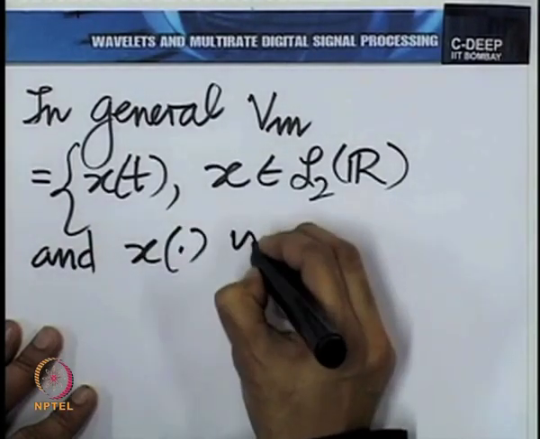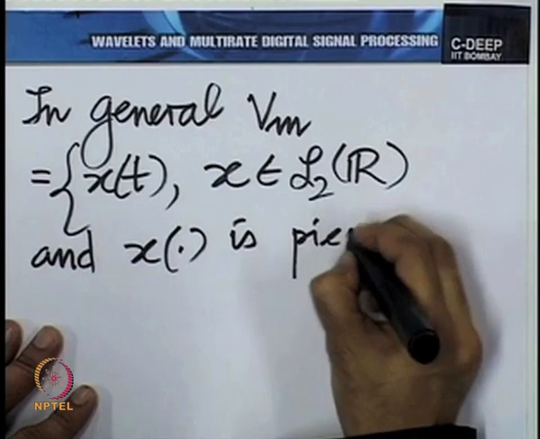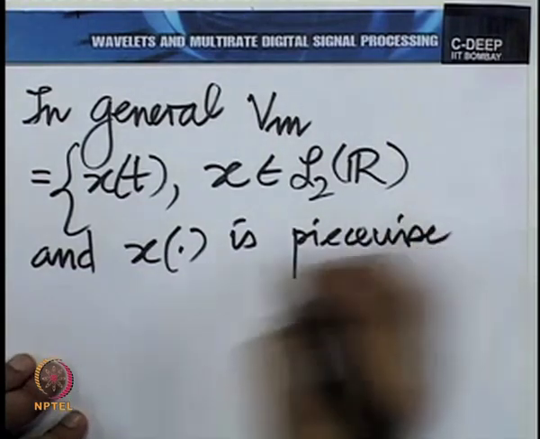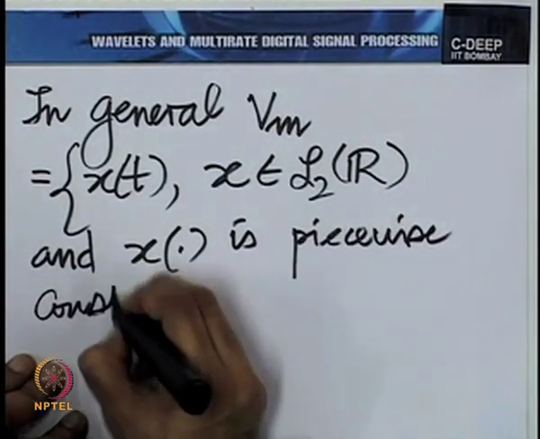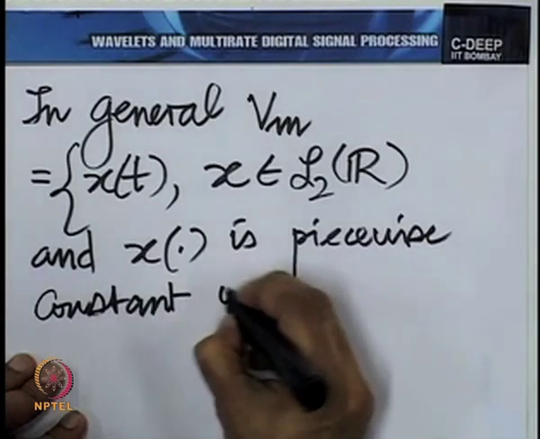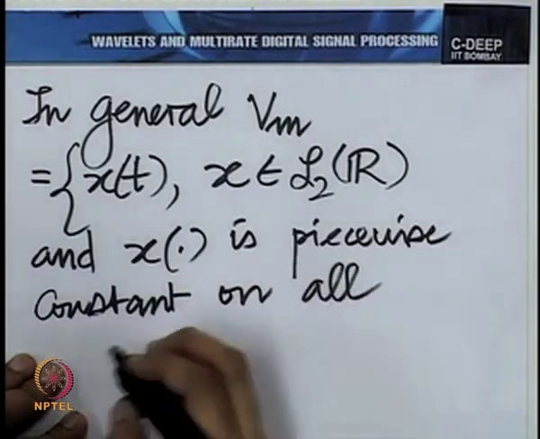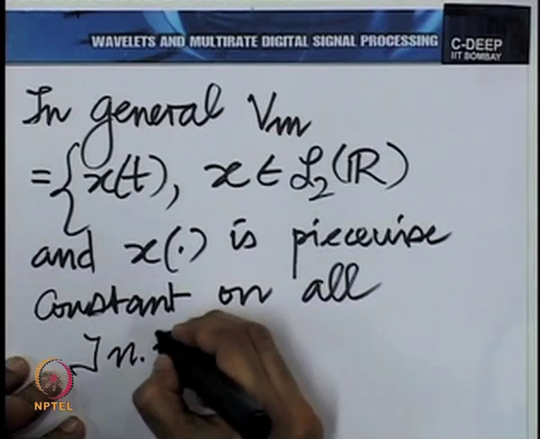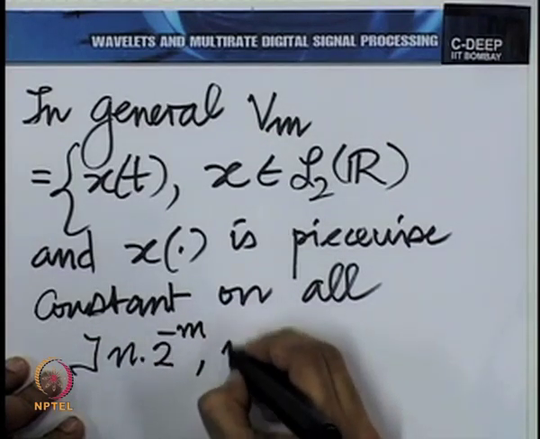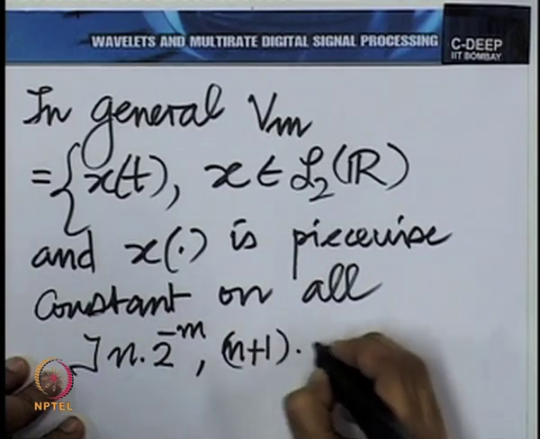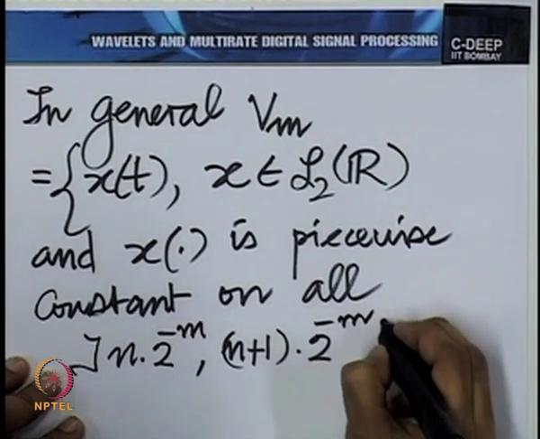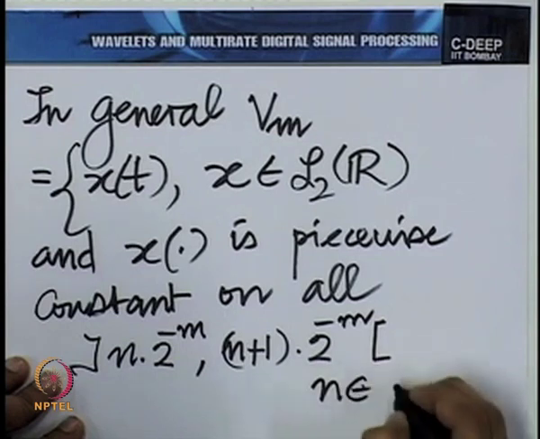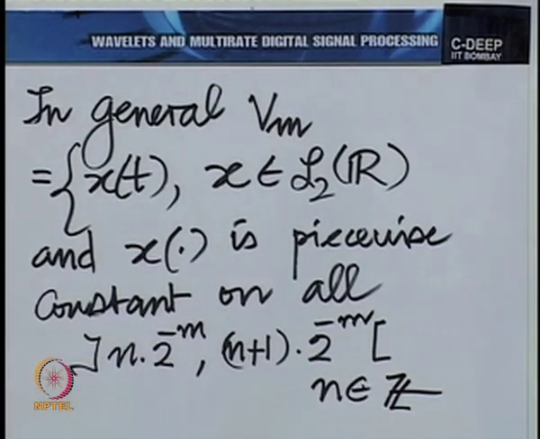And x is piecewise constant on all open intervals of the form, n into 2 raised to the minus m, n plus 1 into 2 raised to the minus m. Simple enough.